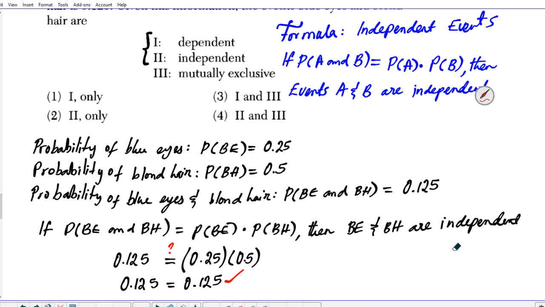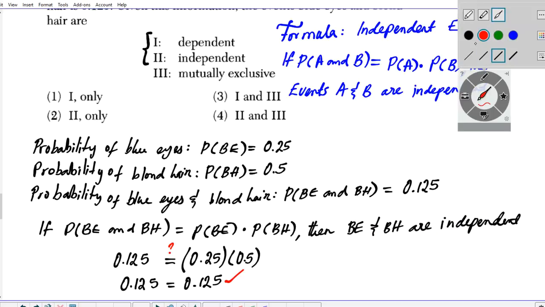This means that the events blue eyes and blonde hair are independent. Okay, so let's make that quick notation there. This implies that the two events are independent.